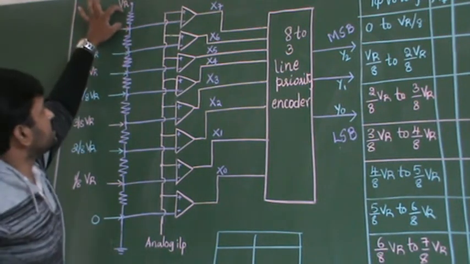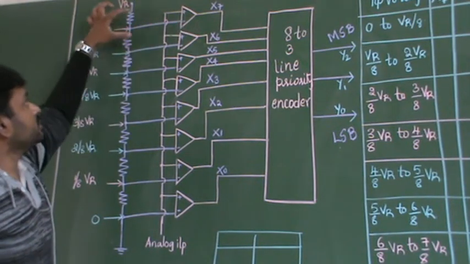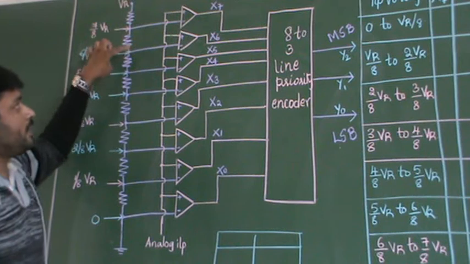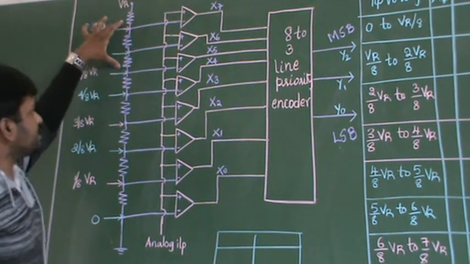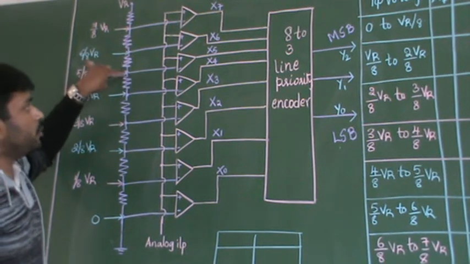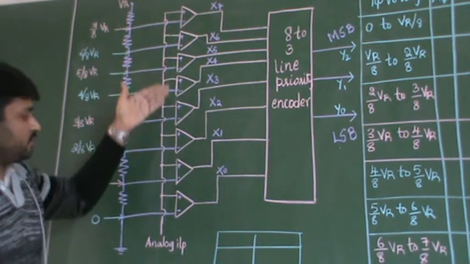After one resistor you take one point and give it to the negative terminal. After 2 resistors you get one more point, connected to the next comparator's negative terminal. After 3 resistors you get one more point, connected to the negative terminal of the 3rd comparator, and it follows.